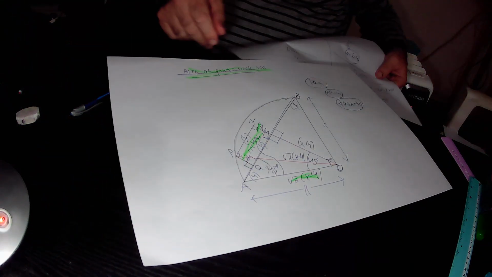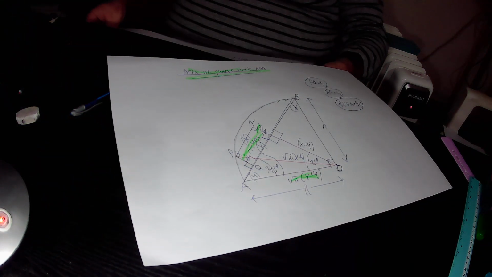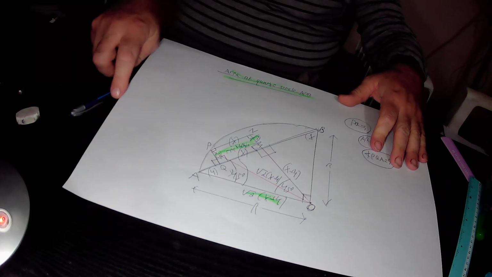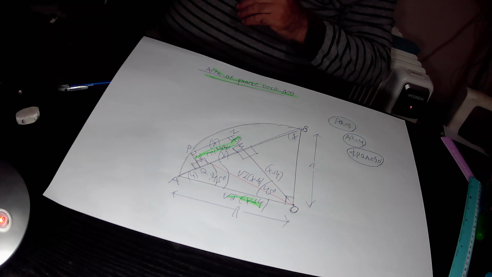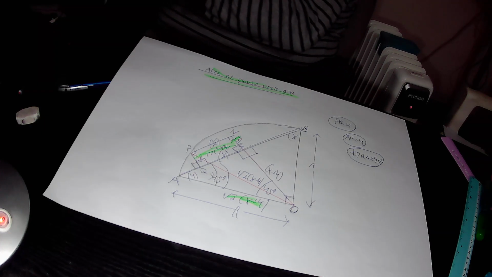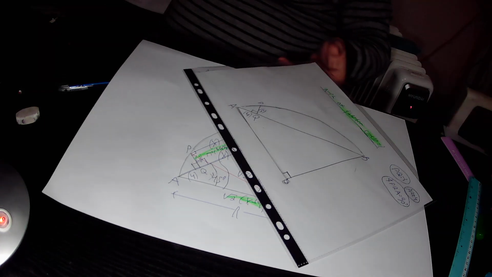In the second question, our task is to find out the area of this quarter circle A or B. Repeat again.